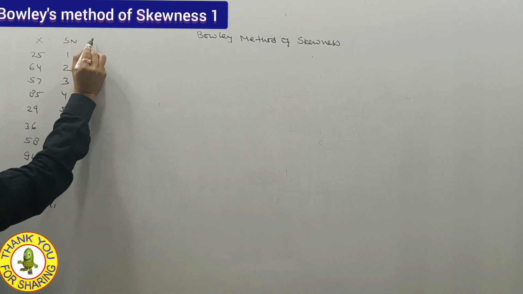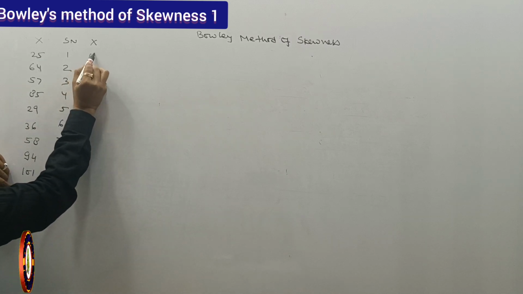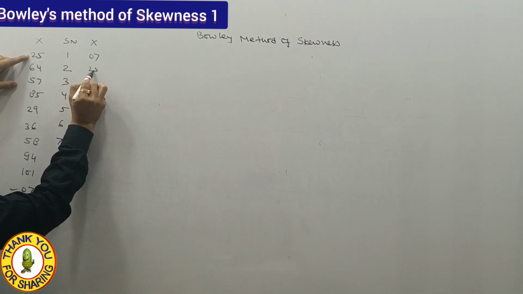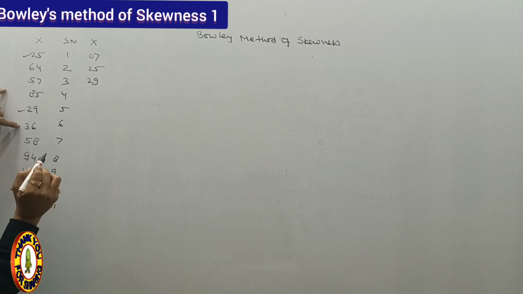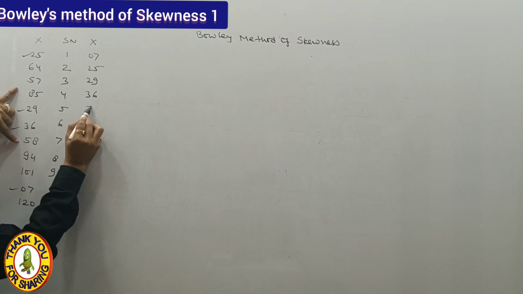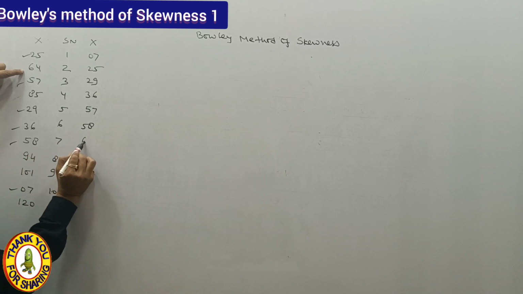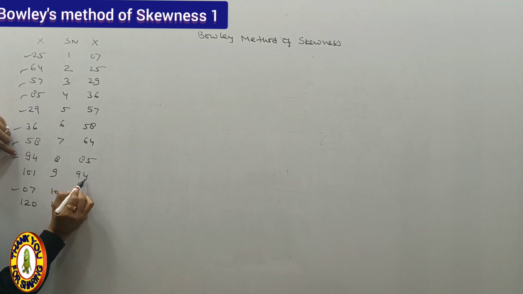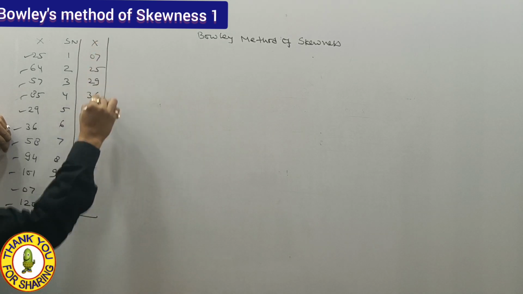Now we make ascending order for getting Q1, Q3 and median. In ascending order: 7 first, then 25 second, then 29 third, then 36 fourth, after 36 comes 57 and 58, then 64, 85, 94, 101, 120. So this is the serial number and this is the value of x.